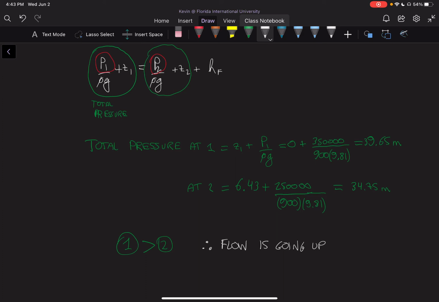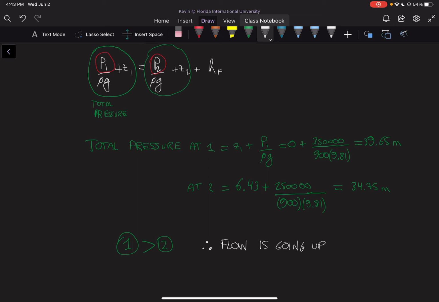If you had different velocities, it's also very important to take the velocity into account. So you would take all three terms into account in order to tell us if the flow is going the right way, okay? In this case, since we only have height, the total pressure head is kind of the same thing as the total hydraulic pressure head. So just a gravity head, essentially.